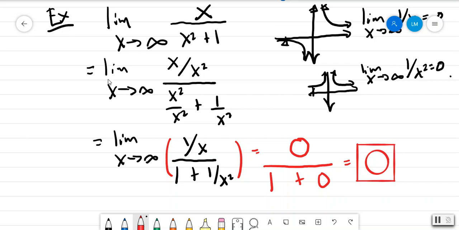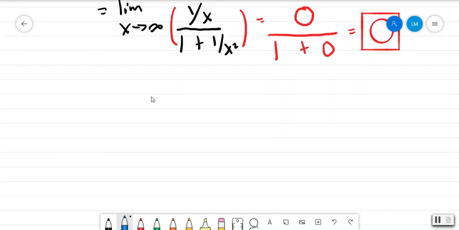Now in class, normally I would probably just say that this problem is bottom heavy because the bottom part goes quicker to infinity than the numerator. So in that sense, this limit must go to 0. But if you had, for example, the limit as x approaches infinity of x squared over x squared plus 1, this would go to 1.